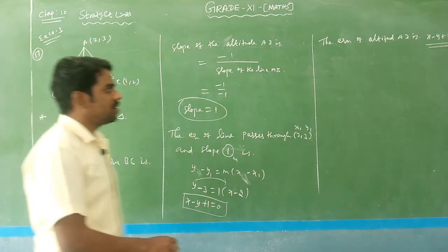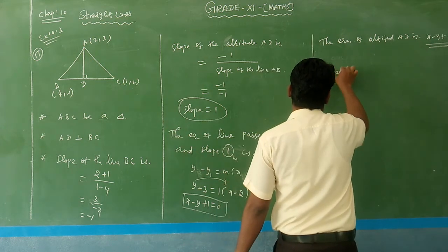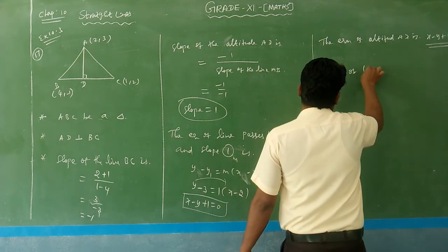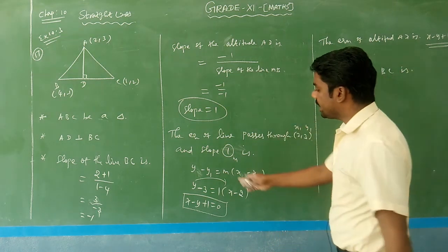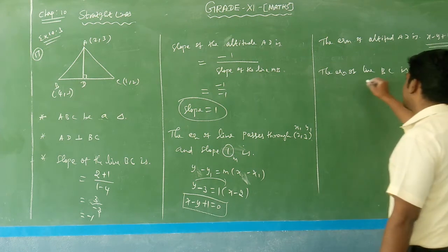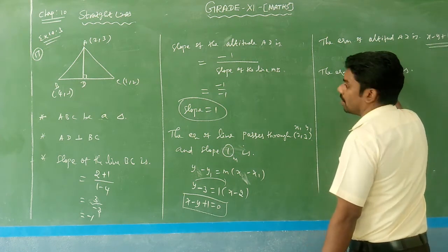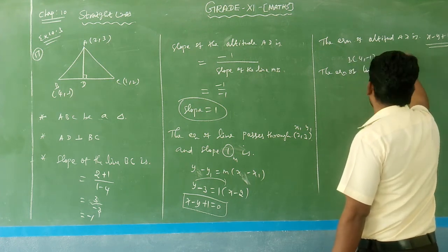So first of all, find the equation of line BC. The equation of line BC, same formula: y minus y1 equal to m into x minus x1. Here B is (-4, -1) and C is (1, 2).